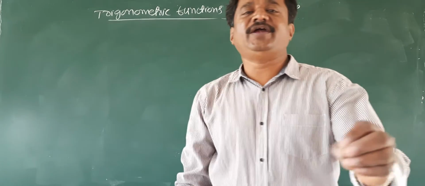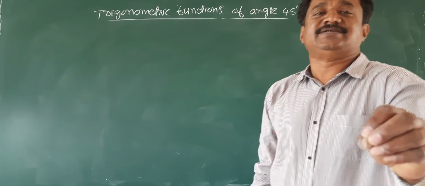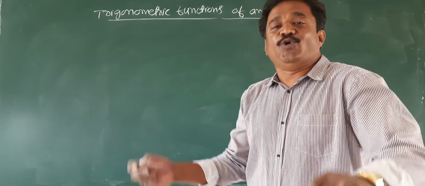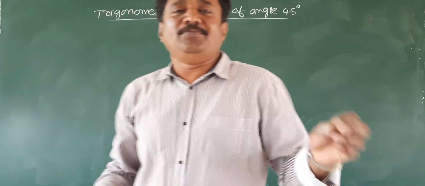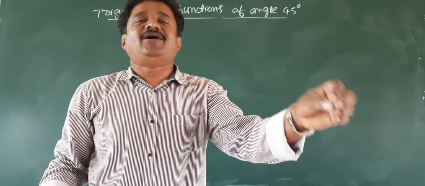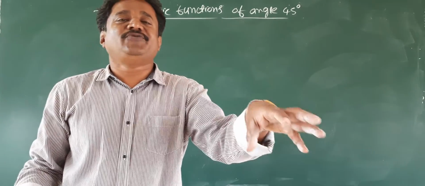Now let's go for finding trigonometric functions of one more standard angle, which is 45 degree. Now let's find how much is sine 45 degree, cos 45 degree, tan 45 degree, and so on.